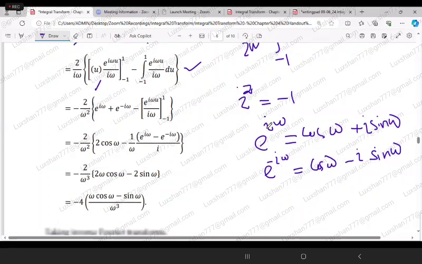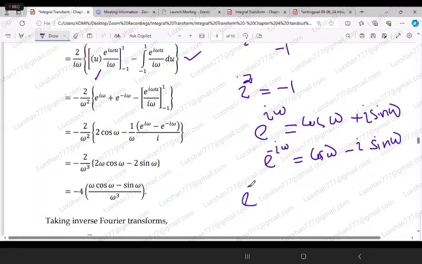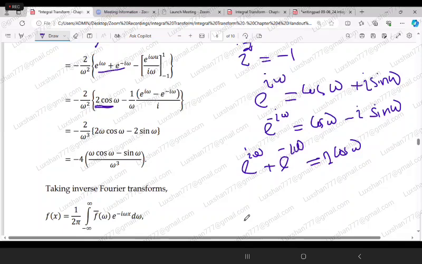Okay. So if you add these two, e to the power I omega plus e to the power minus I omega, that becomes 2 times cos omega. So that is why we are putting 2 times cos omega for this one. And if you subtract, e to the power I omega minus e to the power minus I omega, that becomes 2I sine omega.